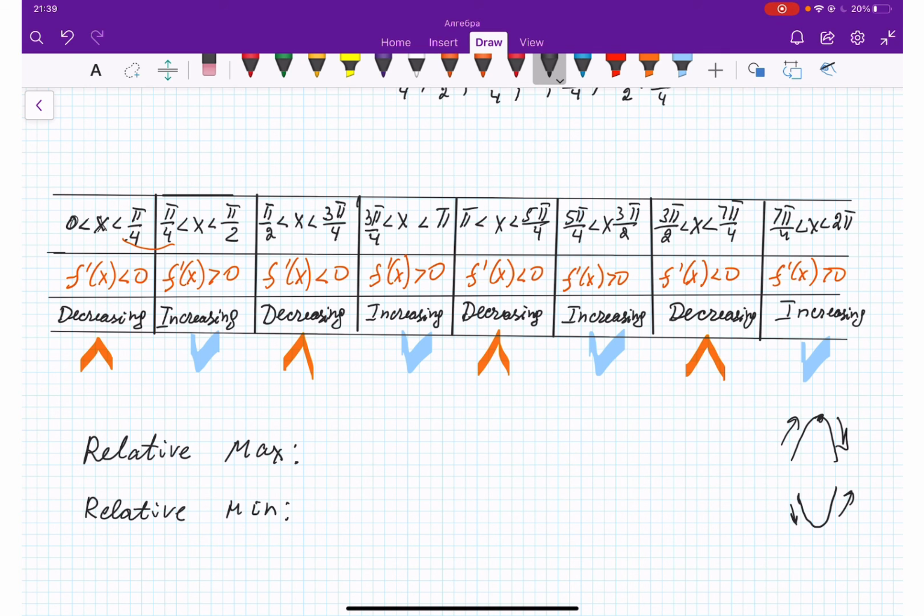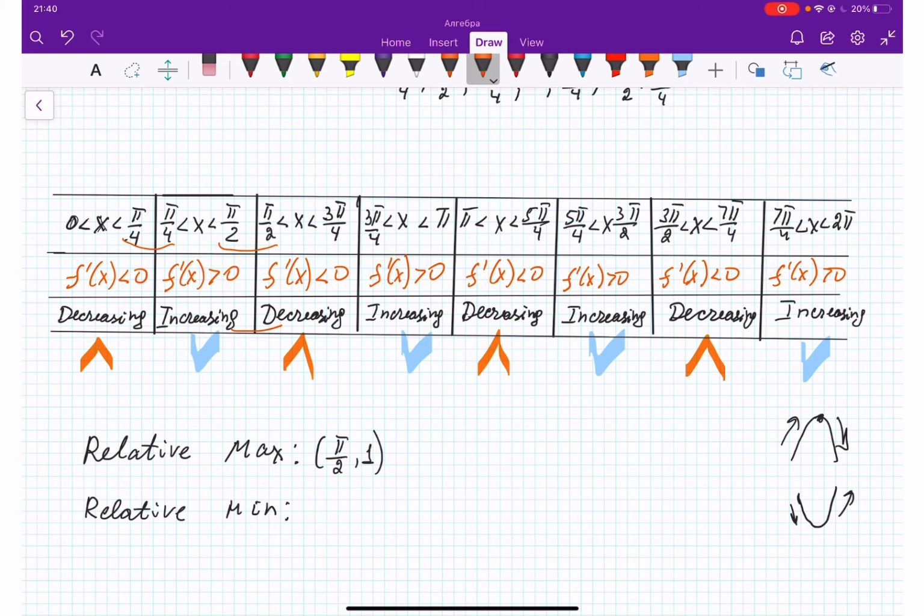For relative maxima, we are going to have the point half a pi, and 1, because sine at the point half a pi is 1, right? And that's where it is. It was going from increasing, moving to decreasing.